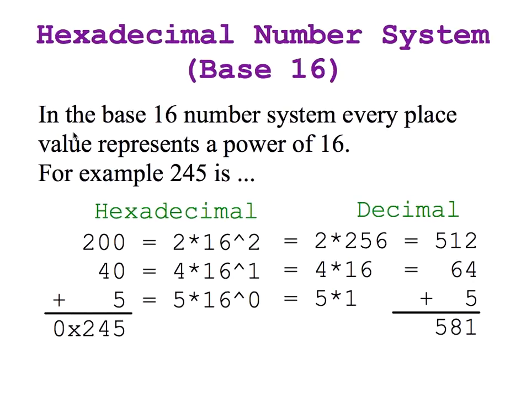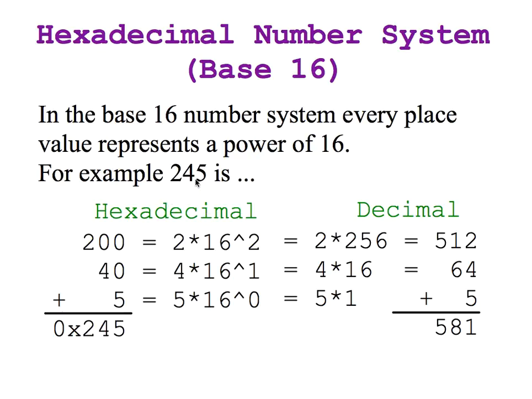Okay, so let's look at that hexadecimal number system. In the hexadecimal number system, again, the only difference is the place value. We're used to place values of 10, binary has place values of 2, hexadecimal has place values of 16. So let's look at the number 245 in hexadecimal.